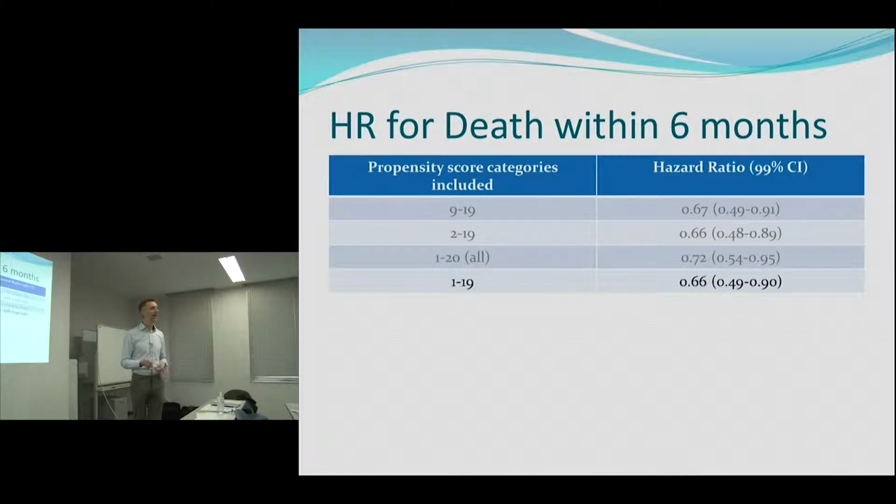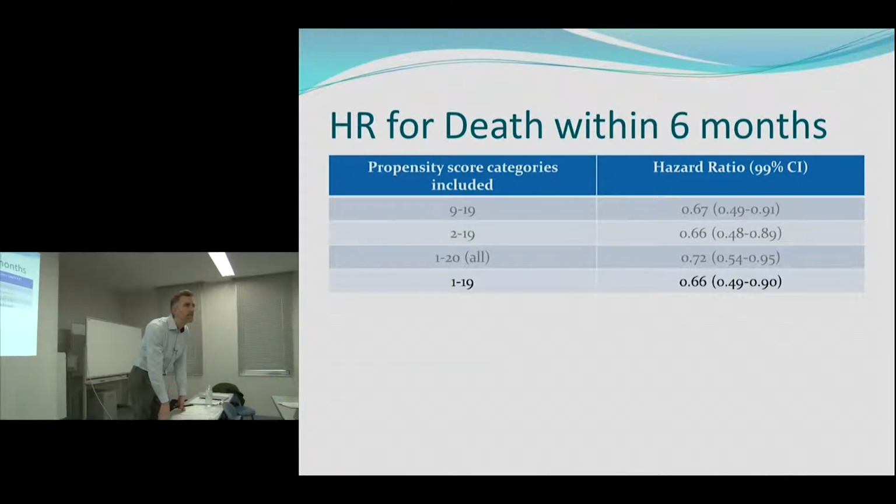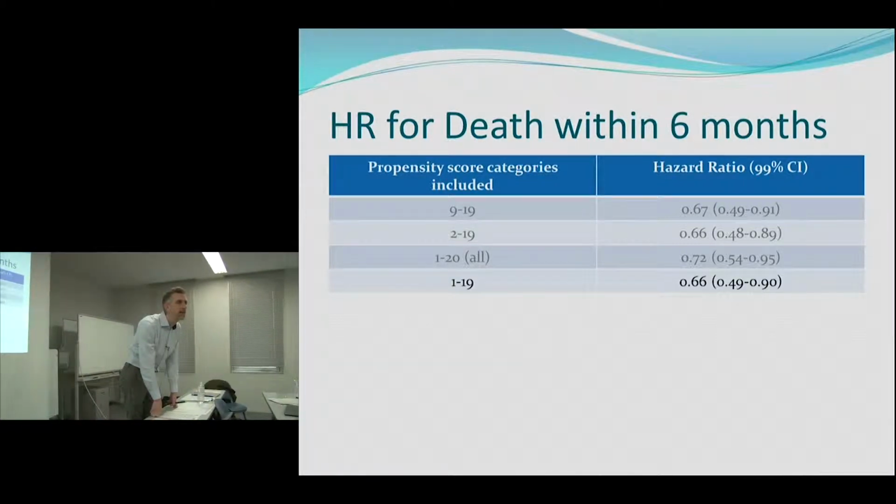Okay. My question is about variable selection. Can we use the same variables to calculate the propensity score and in logistic regression to adjust for confounding?